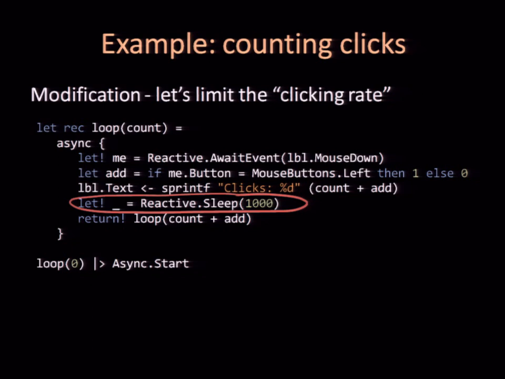So for waiting for mouse down, if you didn't have the bang, if you just wanted to wait for mouse down, then it would block the thread, because the standard F# code is just code that runs on a single thread. And when you're waiting, it blocks the thread. And the let bang lets us insert asynchronous calls inside the code.